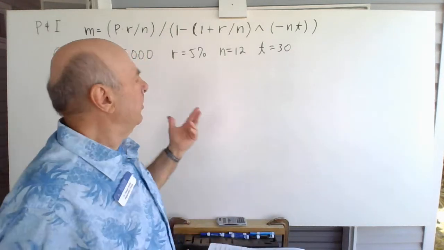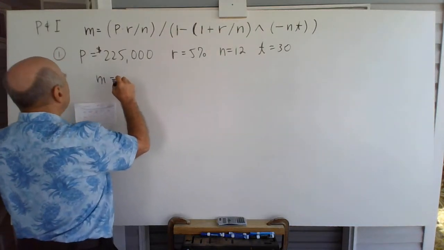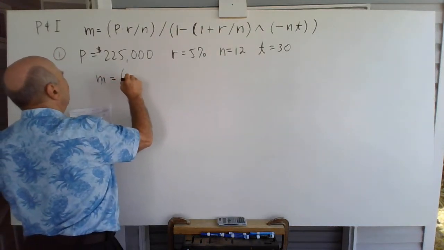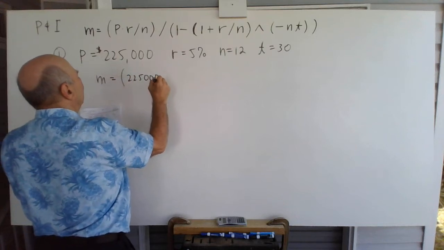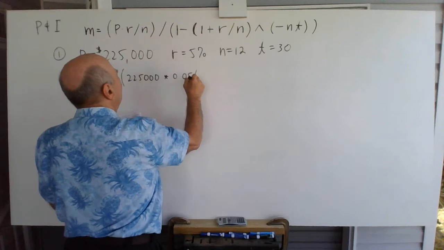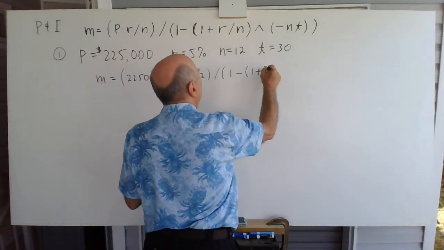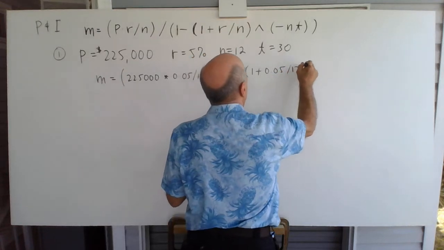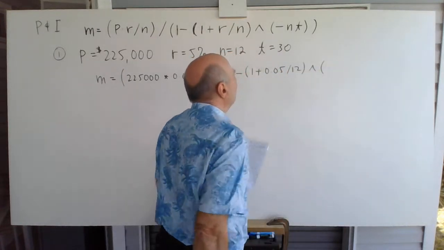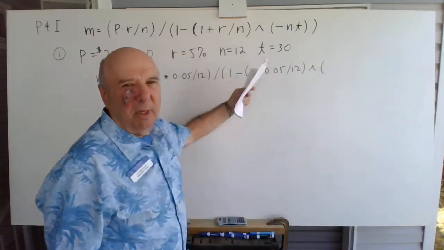So if we use the formula, that's N times T. Well, for 30 years, 12 months, that's 360.